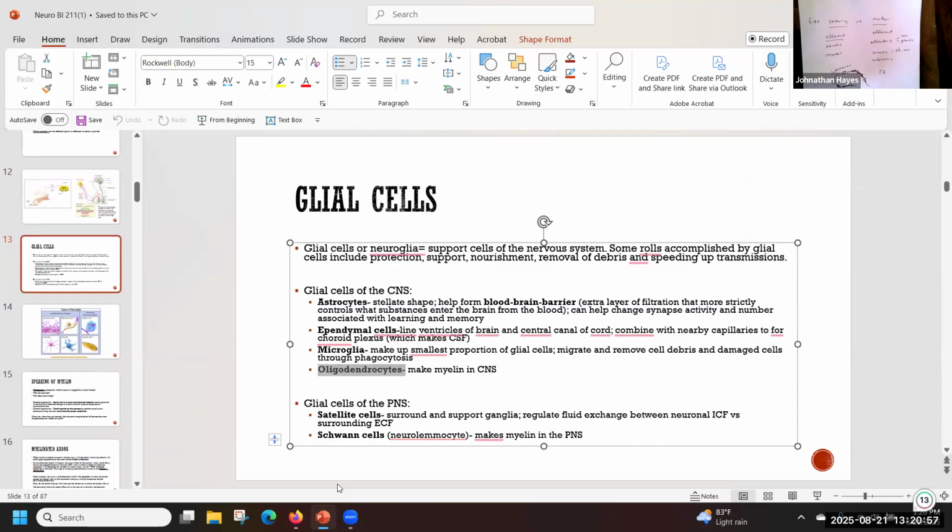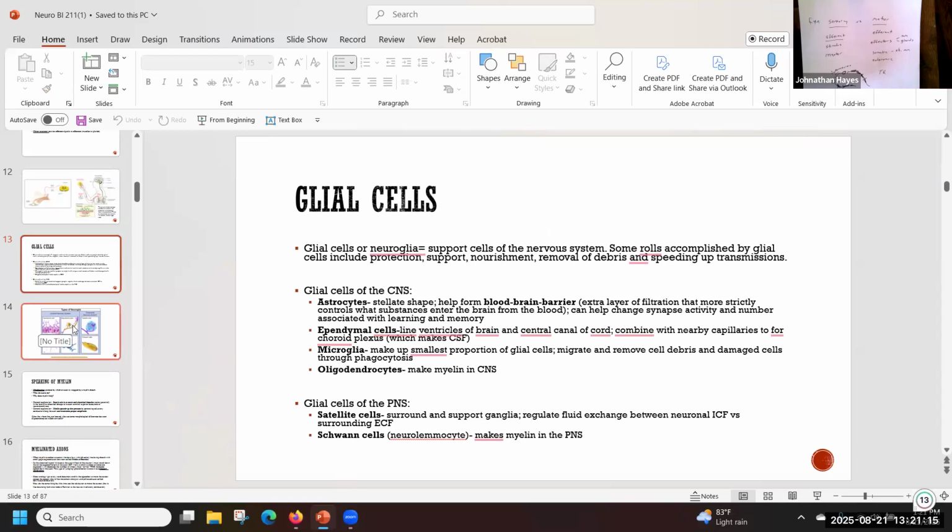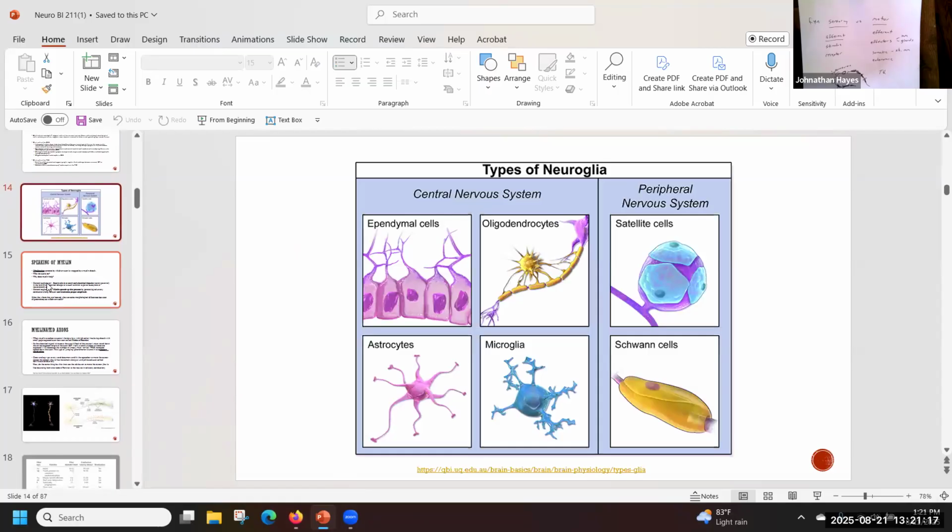And if you're forming myelin, they will be different. If I'm forming myelin in the PNS, it's Schwann cells, but if I'm forming myelin in the CNS, it's oligodendrocytes. So again, we've seen that before. Just make sure you know which glial cells do what, but there's no need to discuss them too deeply.